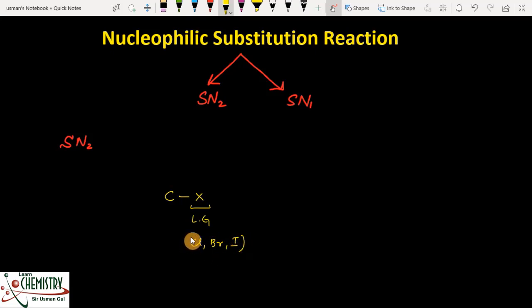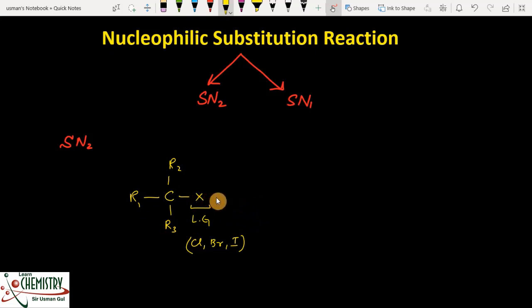This carbon may be attached with four different groups, or it could be attached with three hydrogens, or three alkyl groups. So it could be primary, secondary or tertiary. Right now I'm just writing R1, R2, R3. This is a simple structure of an alkyl halide.